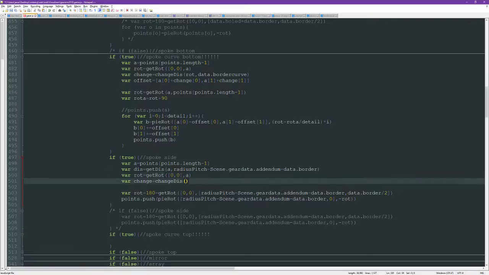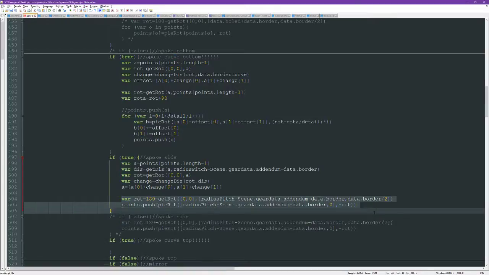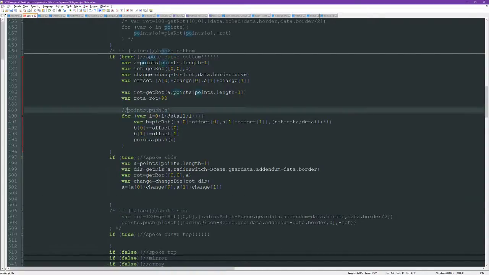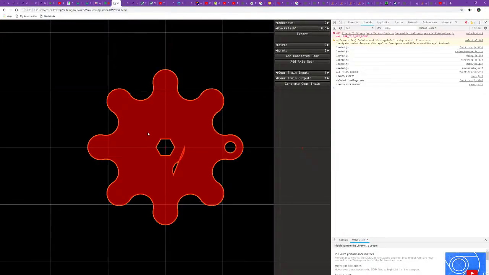And then we're changing the distance for this rotation by that amount. And then A equals A0 plus. You know, I did that before. Grab you. And that is what A is. Okay. I don't have to worry about any of that stuff. And we can just push it in. Didn't do anything.